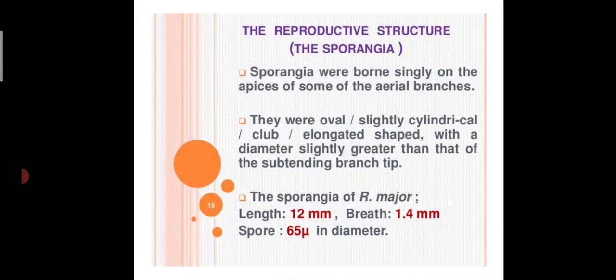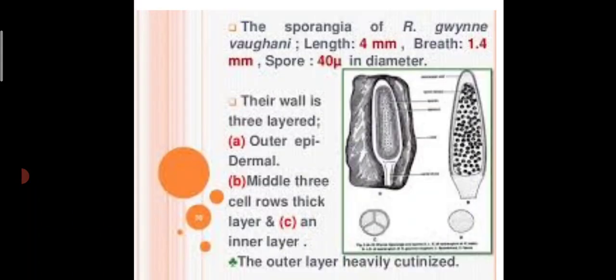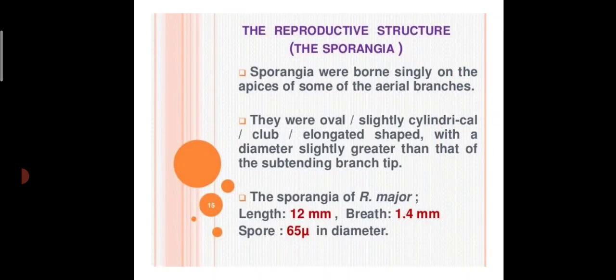Each sporangium is surrounded by a jacket layer as a covering, made up of cutinized cells with thick cuticle, and this thick walled layer is followed by thin walled cells on the inner side.